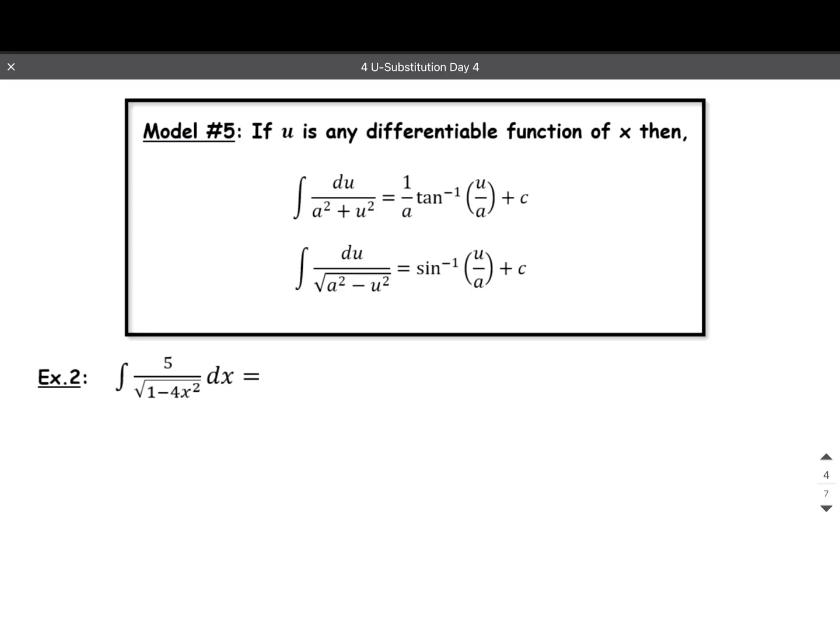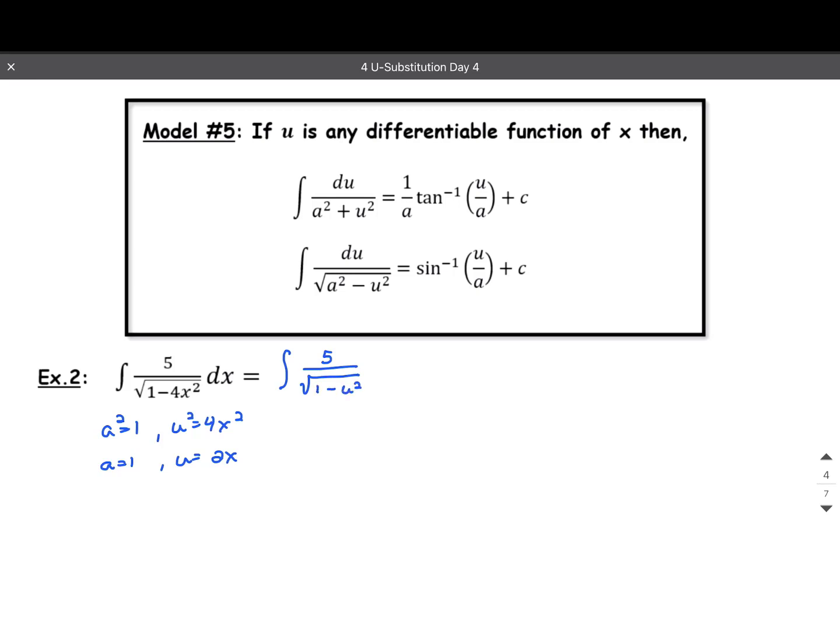Which means if I look at this example 2, the integral of 5 over the square root of 1 minus 4x squared, my a squared is 1, my u squared is 4x squared. That means a is 1 and u is 2x, right? So if I do my u substitution, I have the integral of 5 over the square root of 1 minus u squared.